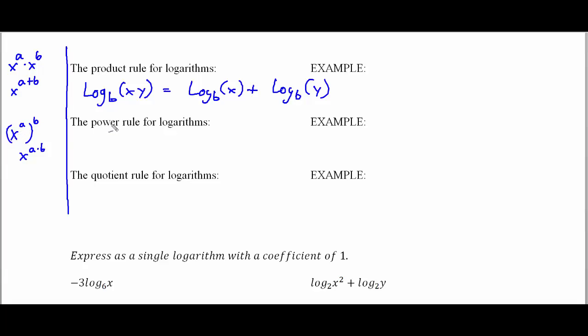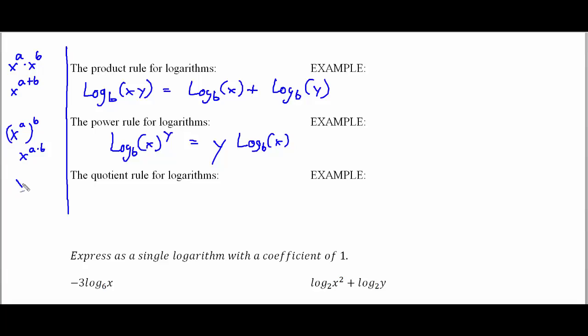So the power rule goes like this. If I have log base b of x raised to the y power, that's the same thing as y, bringing that out in the front, of log base b x. The reason that's true is because it's like saying I want y of these logs, so if I put them out in front, it's like saying I want this y quantity of logs.